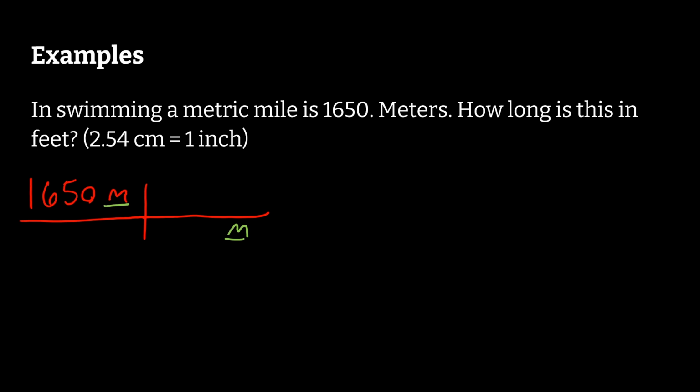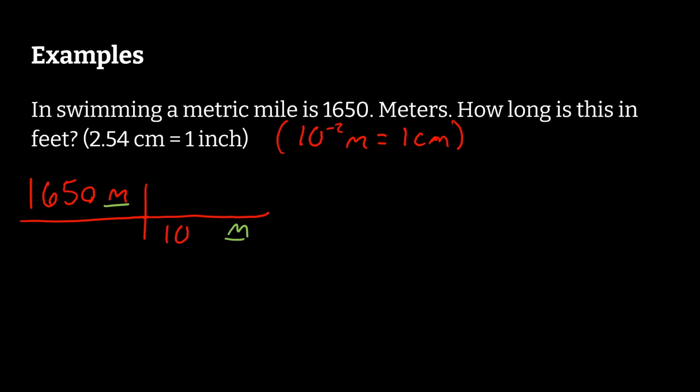And in this case, the conversion that it provides us is 2.54 centimeters. So we want to convert the meters over to centimeters. Our conversion for this is going to be 10 to the negative 2 meters is equal to 1 centimeter.